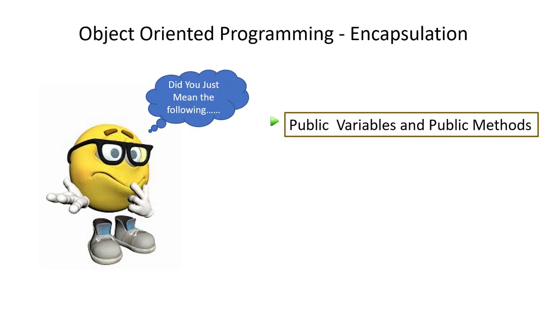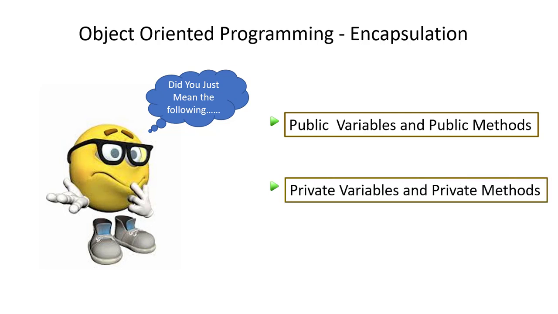Where we have public variables and public methods, and also private variables and private methods. Yes, that's very much right. Encapsulation in object-oriented programming is all about public and private variables and methods. So we now have four categories: public variable, private variable, public method, and private method.